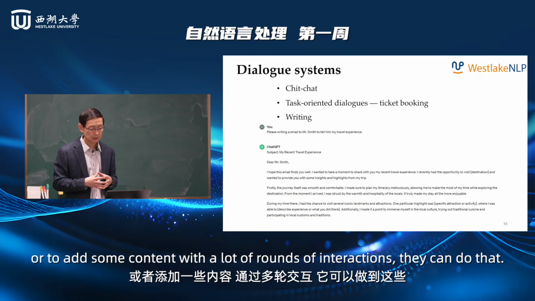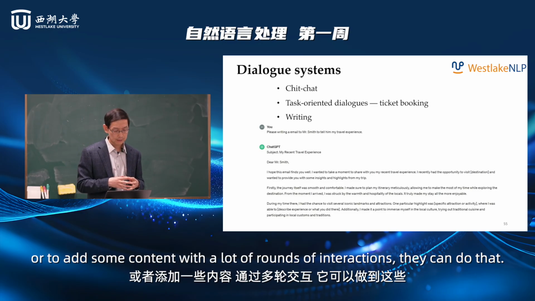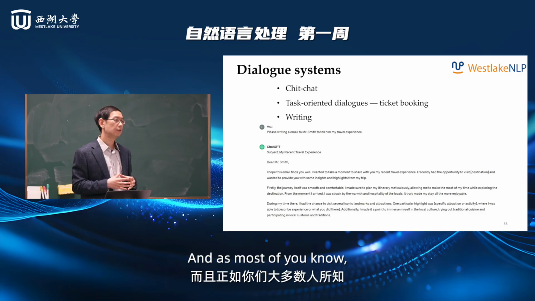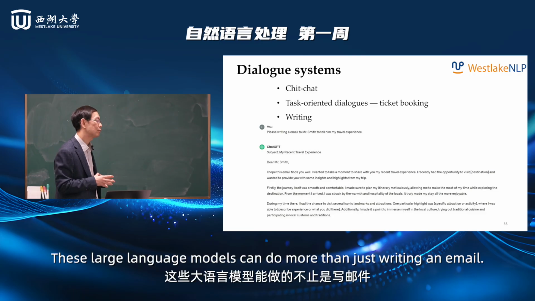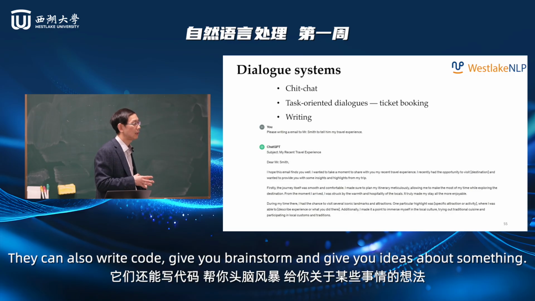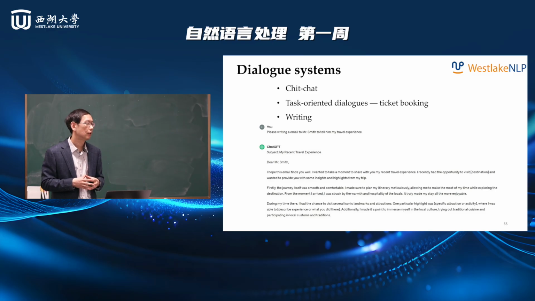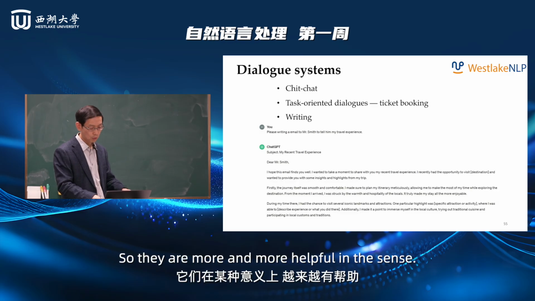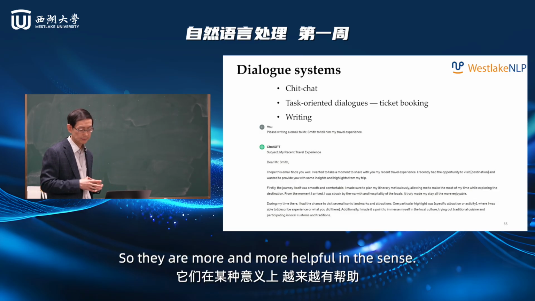With a lot of rounds of interactions, they can do that. And as most of you know, these large language models can do more than just writing an email. They can also write code, and give you brainstorming, give you ideas about something. So they are more and more helpful in a sense.